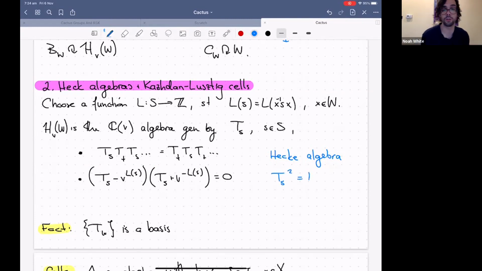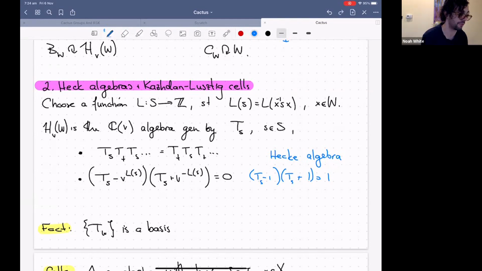If I was in the group algebra, I would write this, and that would just give me the group algebra. Instead, I can write this, and another way to write this is to say, well, I could write this, and so here you can see we've added a v instead of this one. If we set all the parameters equal to 0, that gets us back the group algebra.